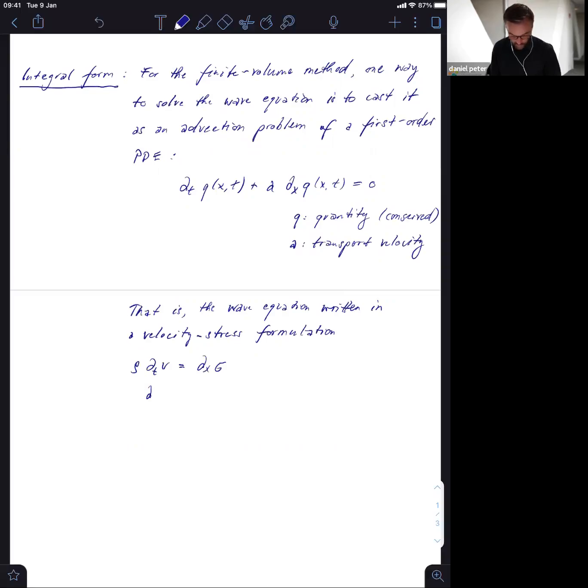And then the coupled equation is the time derivative of the stress, which becomes the shear modulus times the derivative of the velocity. So this is the velocity-stress formulation, and you see these are only first order derivatives in that system.